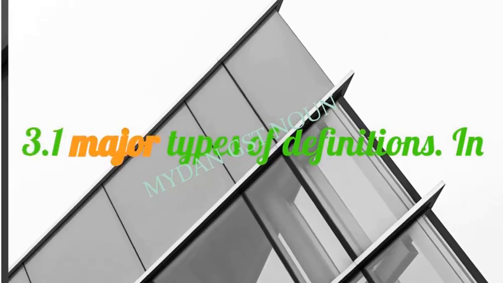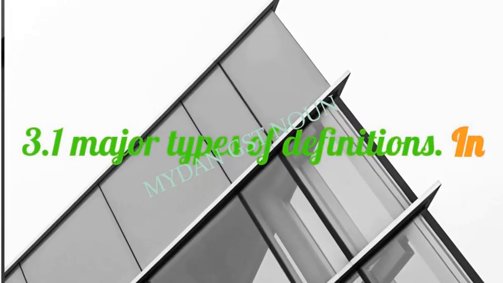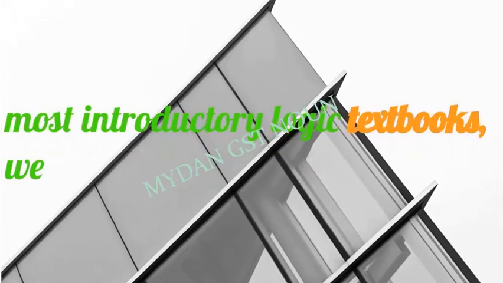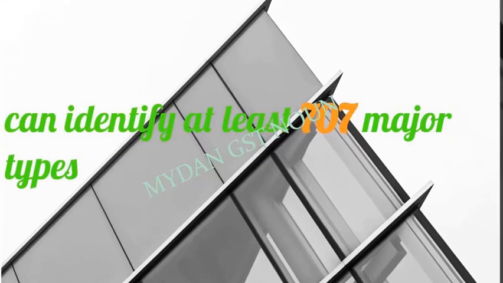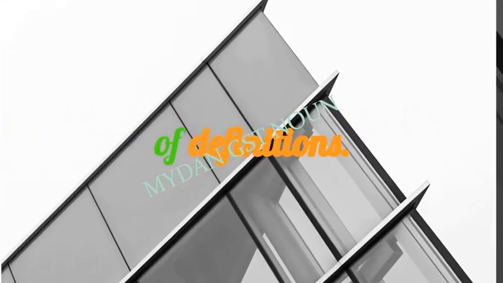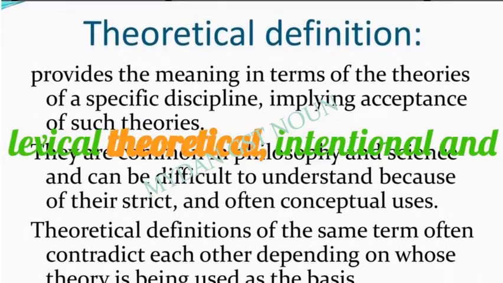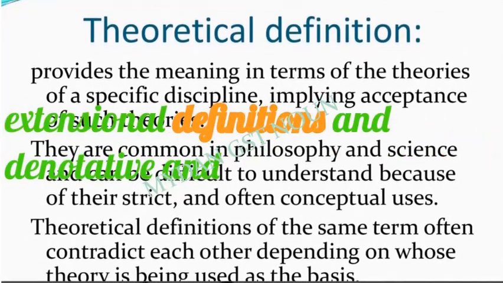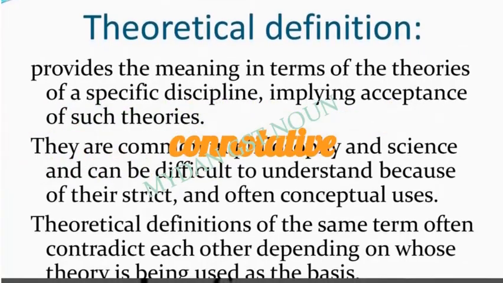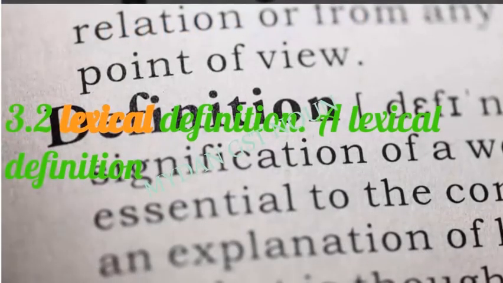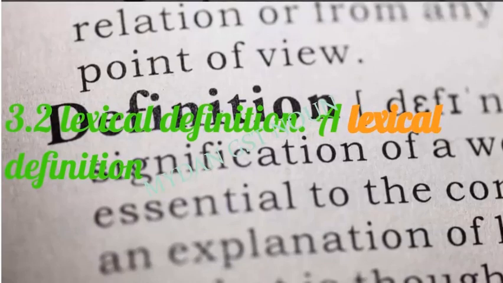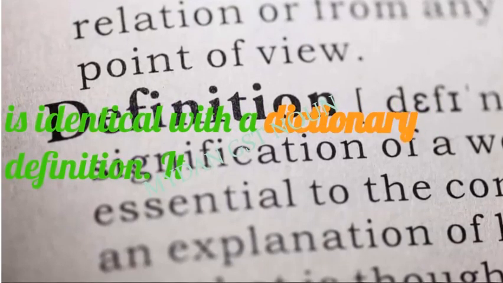3.1. Major types of definitions. In most introductory logic textbooks, we can identify at least 7 major types of definitions. This section will focus only on the lexical, theoretical, intentional, and extensional definitions, and denotative and connotative. 3.2. Lexical definition. A lexical definition is identical with a dictionary definition.